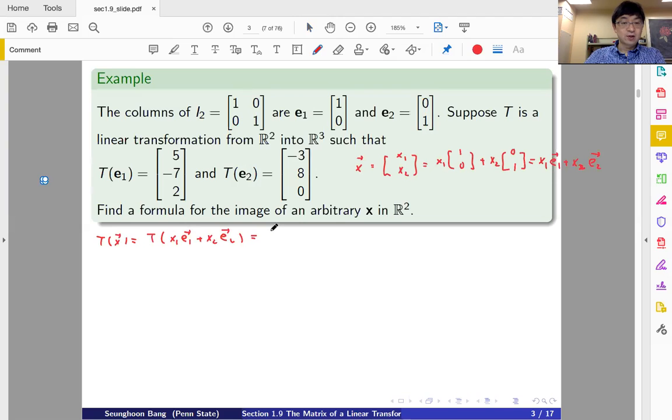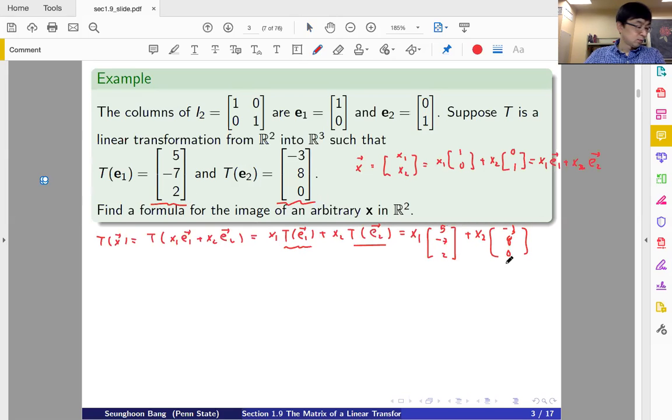Since T is a linear transformation, you can pull out the constant coefficients: x1 times TE1 plus x2 times TE2. TE1 is given as 5, negative 7, 2, plus x2 times TE2, which is negative 3, 8, 0.